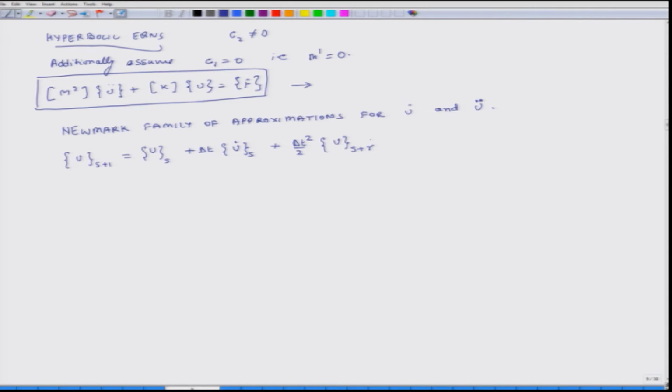Gamma is a new term I have introduced, and we will explain what it means. Similarly, the velocity, or first derivative in time, at step s plus 1 equals u dot at time step s plus u double dot at time step s plus alpha times delta t.